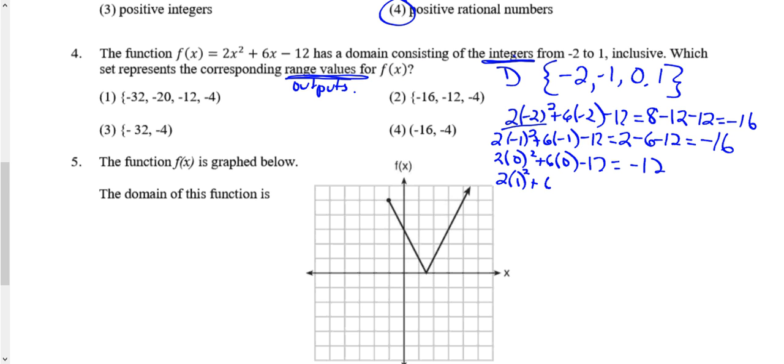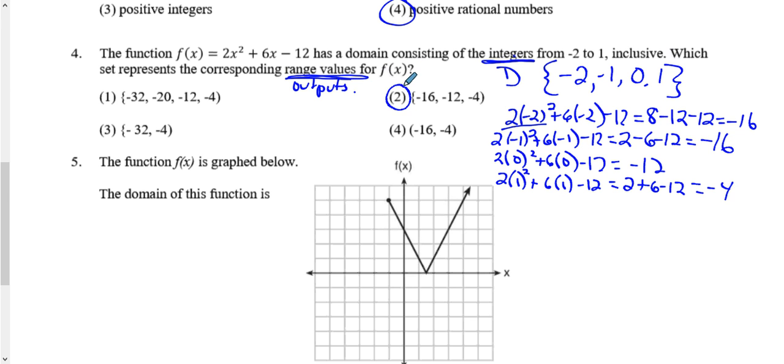Squared. So that's what? 2, 6 minus 12. 8 minus 12 is -4. So what's our choice?